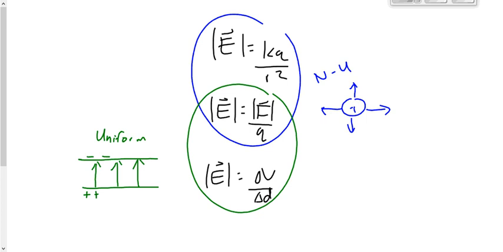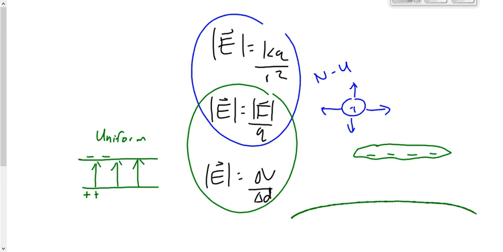But more often than that, we see things like this, approximations of parallel metal plates. Maybe we've got a cloud that's negatively charged. Maybe we've got the Earth there that's developed a separation of charge such that the top of the Earth is positive. Those aren't metal, and they're not quite parallel to each other, but they're close.